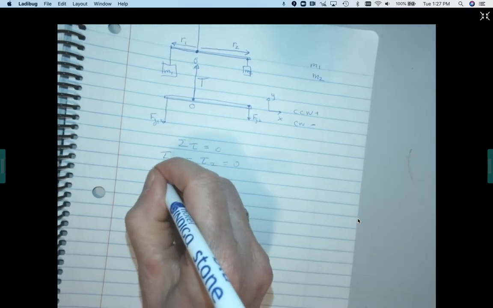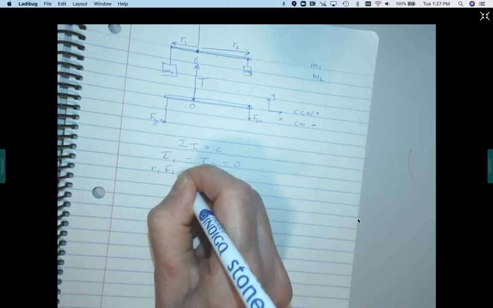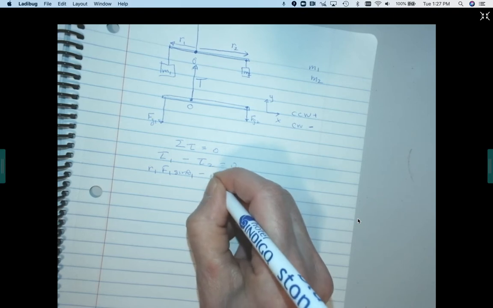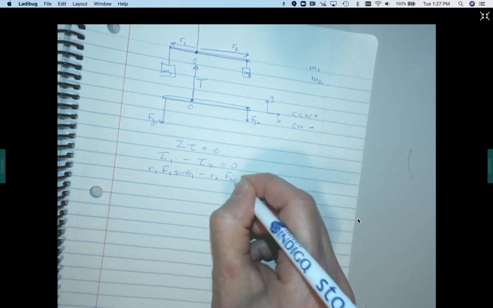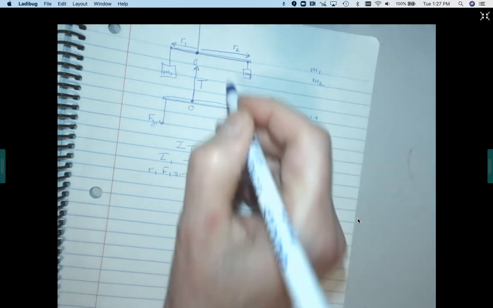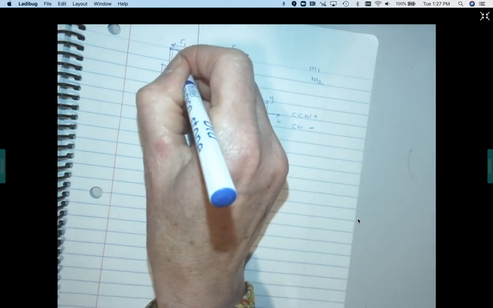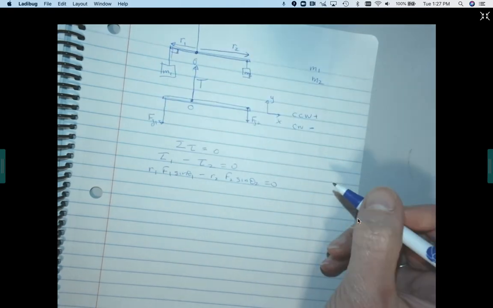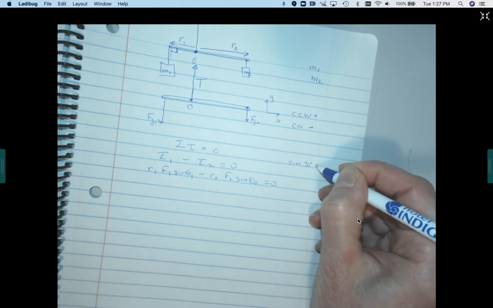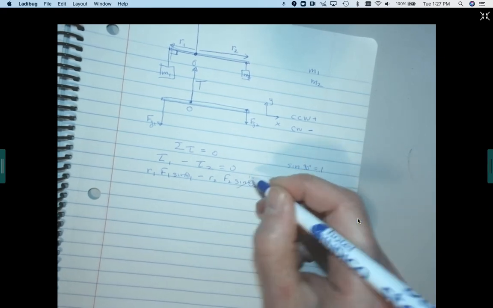That torque is R1 F1 sine of the angle between them, minus R2 F2 sine of the angle between them, and that's going to be 0. In both cases, R and F are perpendicular, so sine of 90 degrees equals 1. So both of these just go to 1.